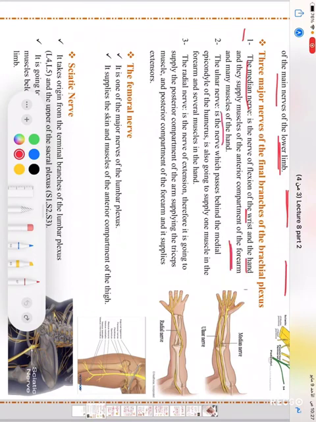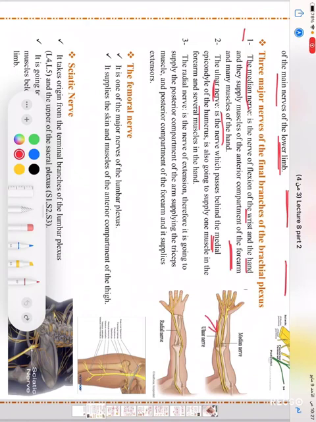Meaning the median nerve is the nerve of flexion of the wrist and hands, and it supplies the muscles of the anterior compartments of the forearm and many muscles of the hands. The ulnar nerve passes behind the medial epicondyle of the humerus.